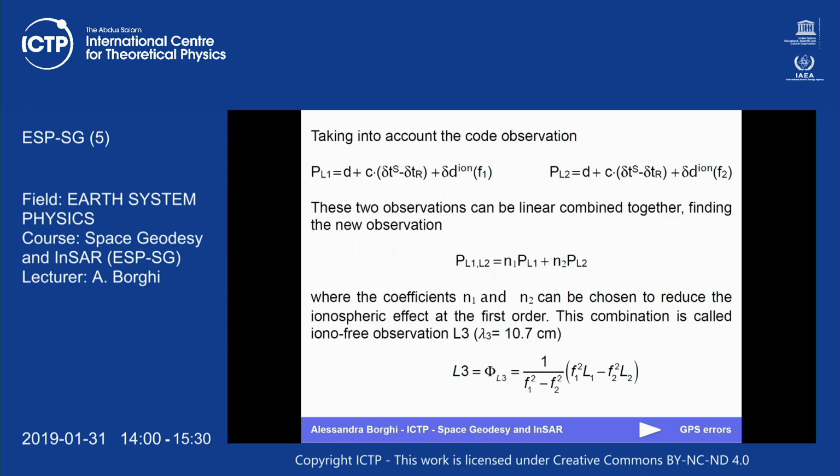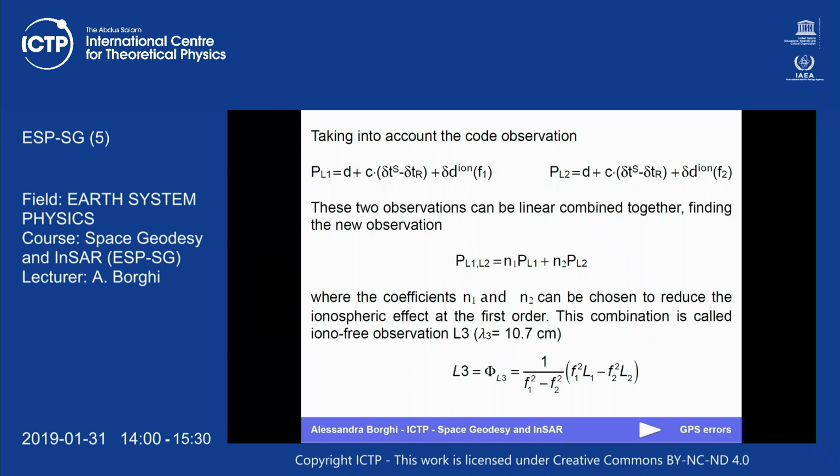Can I ask a question? Yes. I don't understand if you talk about two different observations or a comparison between the two frequencies on the signal. We have two signals in GPS simultaneously. We have two carriers with different wavelengths and different frequencies. Yes, we combine. No, because often the students say we compare. No, it's a combination.